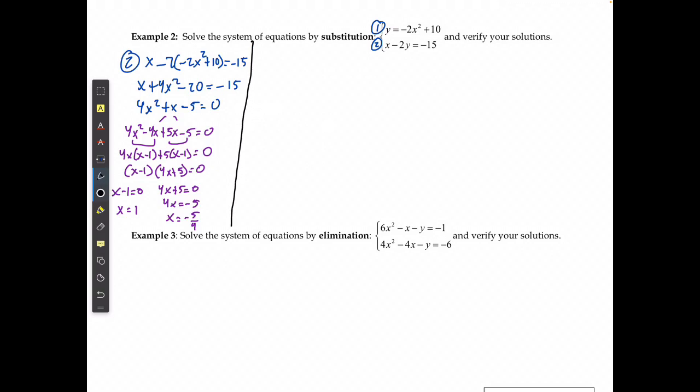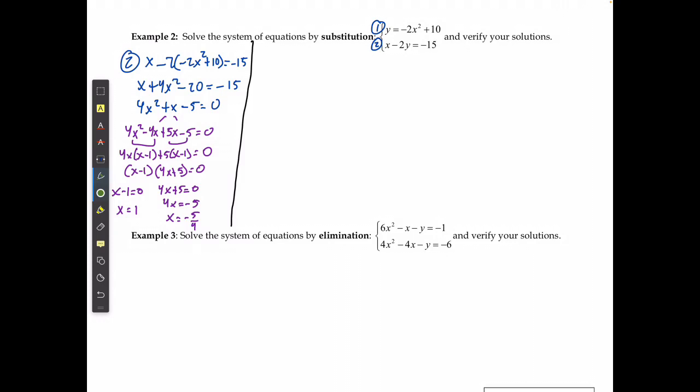Now I've got to solve for the y's that go along with these. So I'm going to substitute my x values back in, and in this case, I'm going to substitute them into equation 1, because I used equation 2 to solve this, and I want to make sure that it works in both cases.